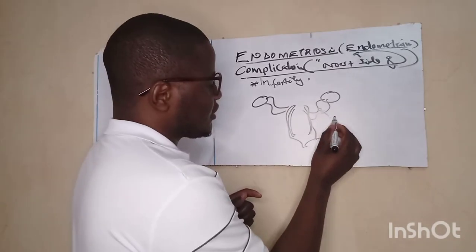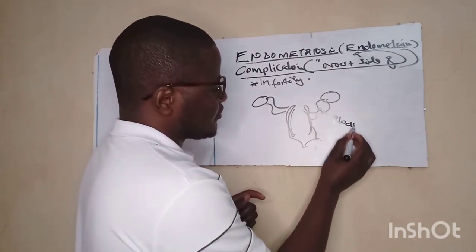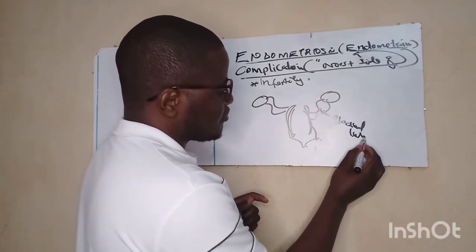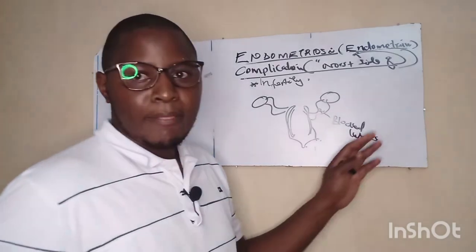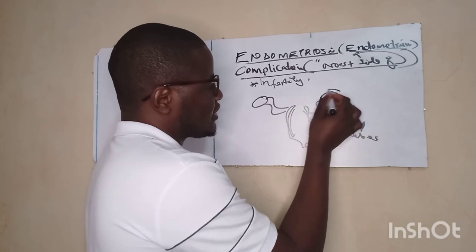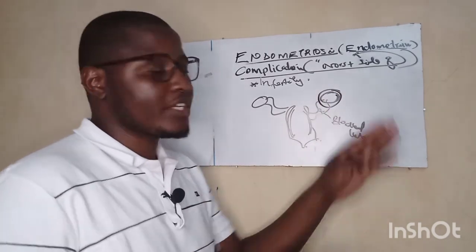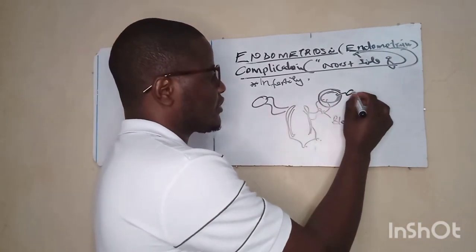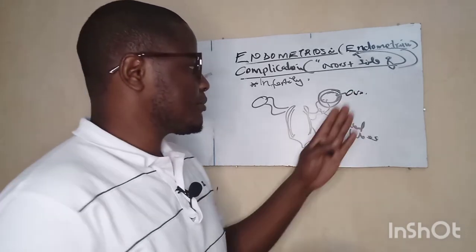Number one, it may make the tubes to be blocked. Number two, if it attaches around the ovaries here, it will make the ovary fail to produce the ova.